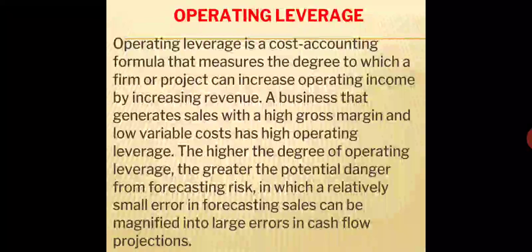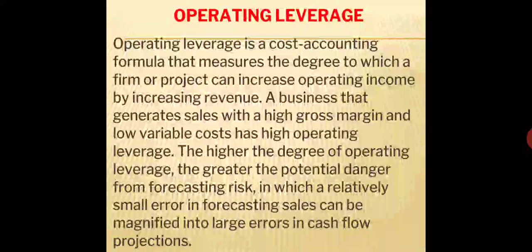So here operating leverage is going to be defined. Here we are going to see the operating profit, meaning if the company changes its level of input, what will be the result in operating profit?